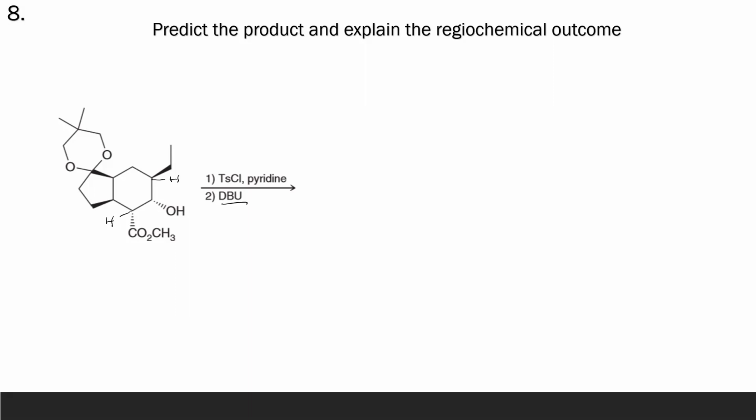But in this case, let's first look at the configuration of those two beta protons to determine what it's going to form. And I'm going to do this two ways. I'm going to show you how to do it on paper, but then I'm also going to show you with my modeling kit how you can look at this problem. So in this case, you notice that this part of the molecule is really irrelevant. So I'm just going to cross that out for simplistic sake. And you'll notice that a lot of the questions in the book use these really complex molecules.